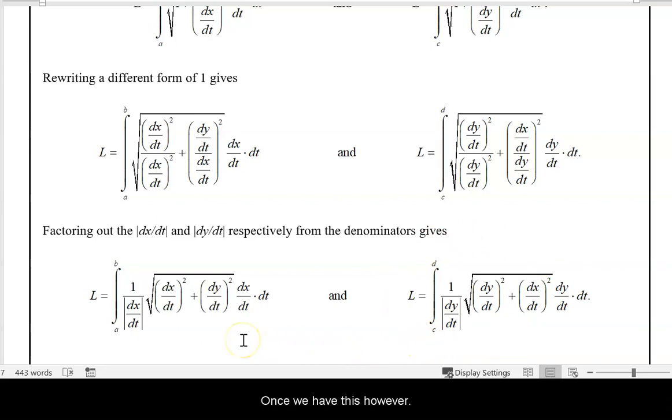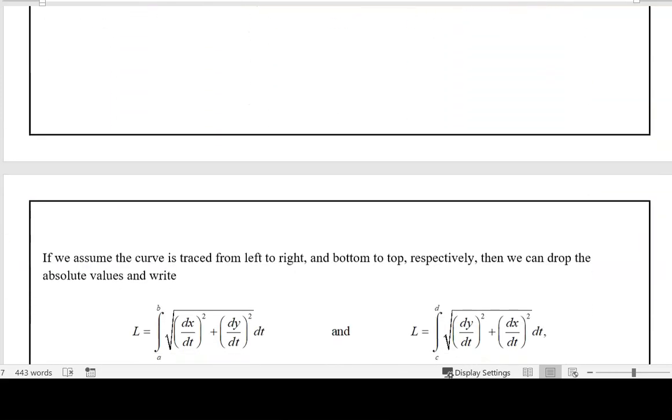Once we have this, however, as long as we're tracing in the positive direction and we don't trace our curve more than one time, we'll be able to drop the absolute values. In the worst case, we would simply get a negative length, which tells us that it was being traced backwards. Now, what is the positive direction?